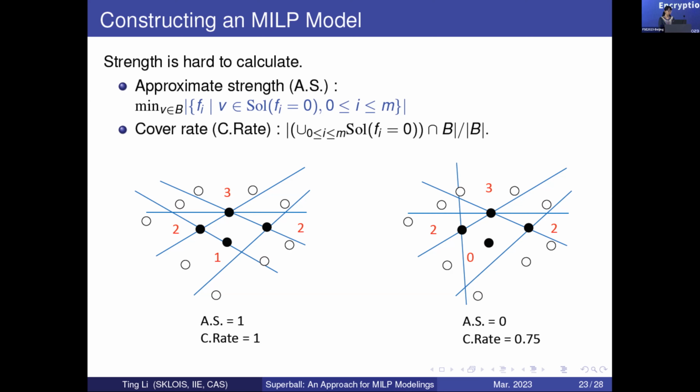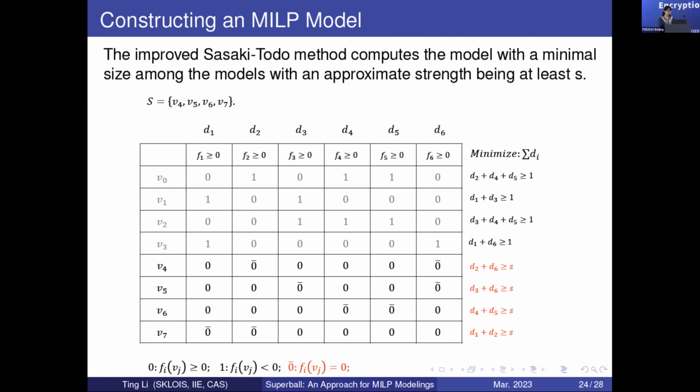And with these two definitions, we can improve the Sasaki-Todo method to compute the model that balances size and strength. We want to compute the model with a minimal size among the models with an approximate strength being at least S. So here we use an example to illustrate it.